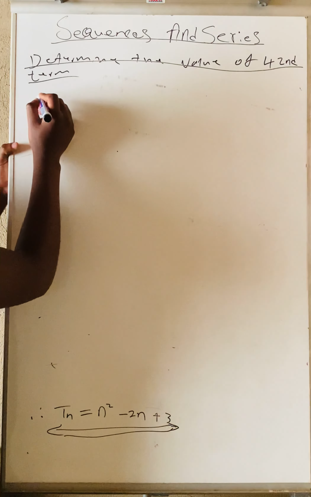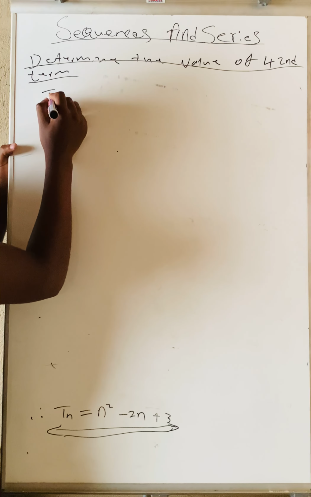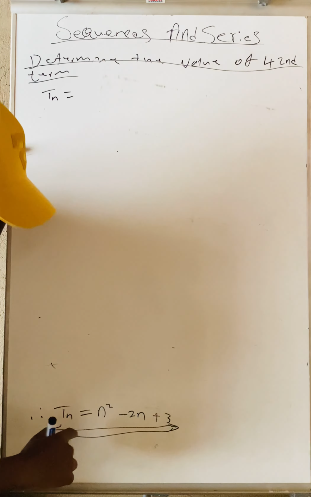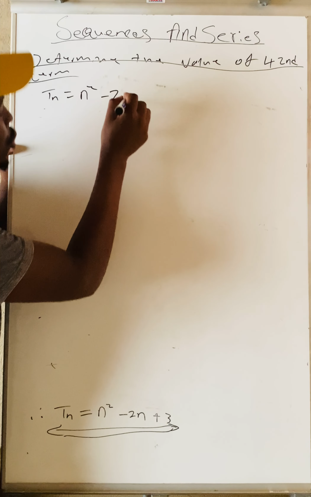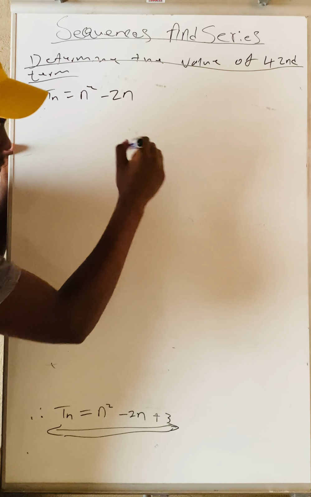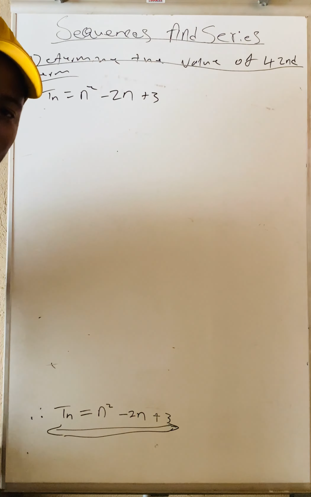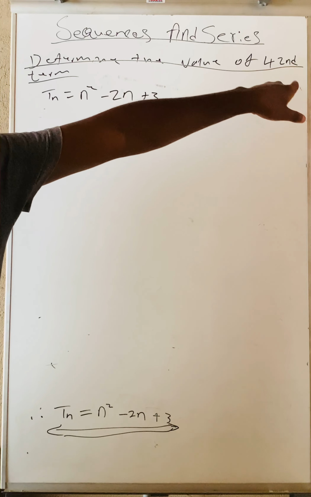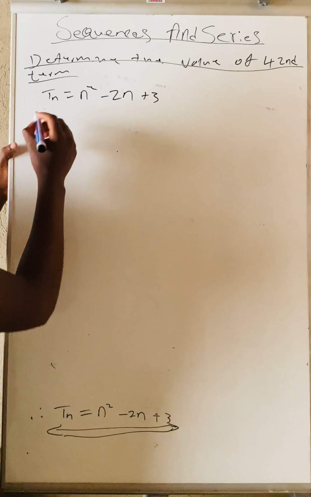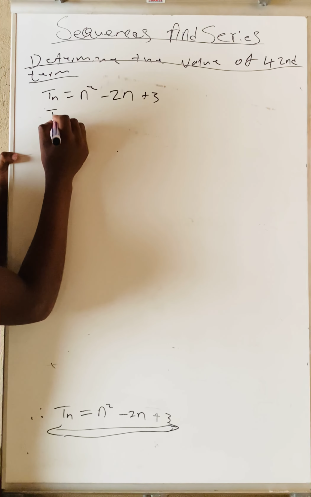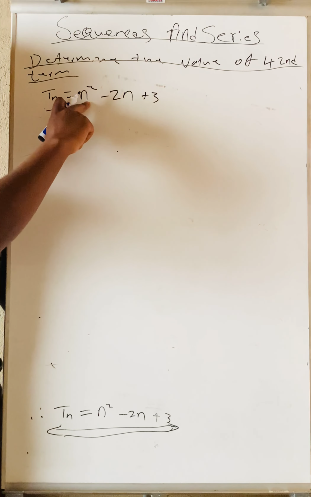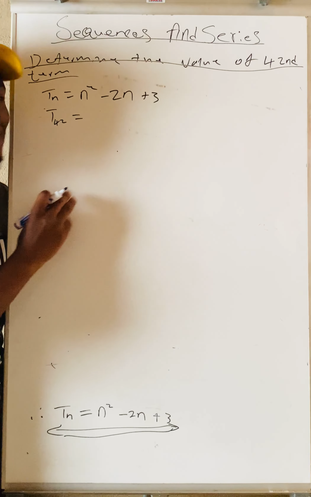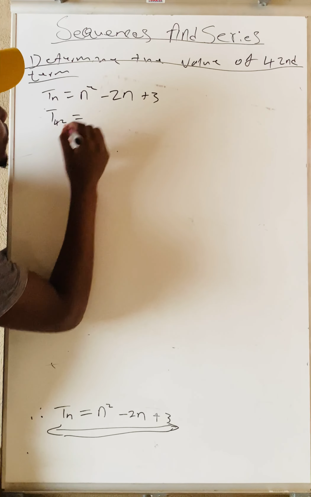You just say Tn is equals to, you write your formula, n squared minus 2n plus 3, right? Then they said 42nd, right? You say T42 is equals to, where you see n, we substitute with what? With 42, right?